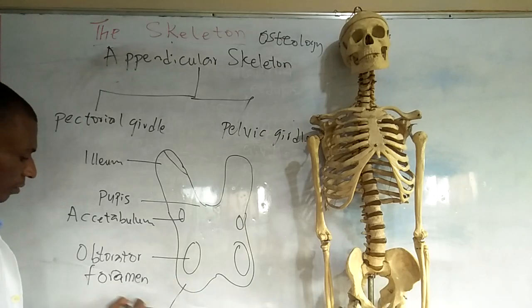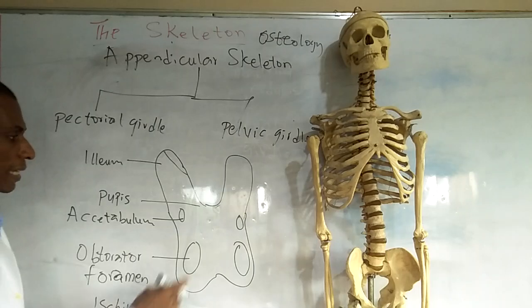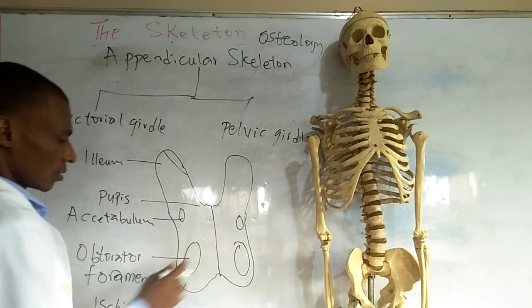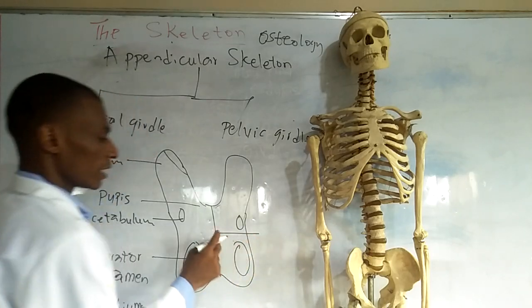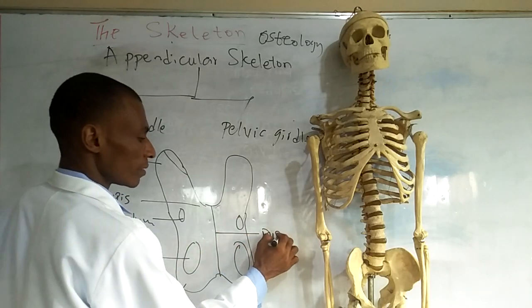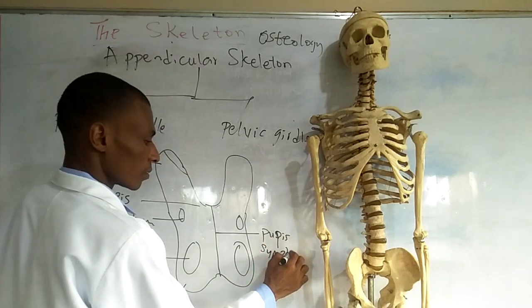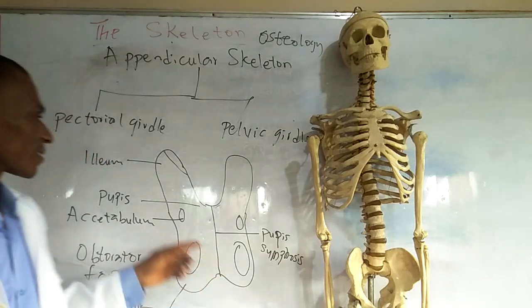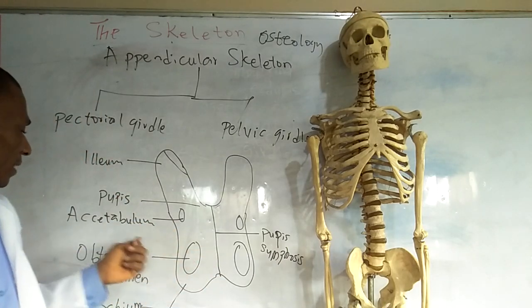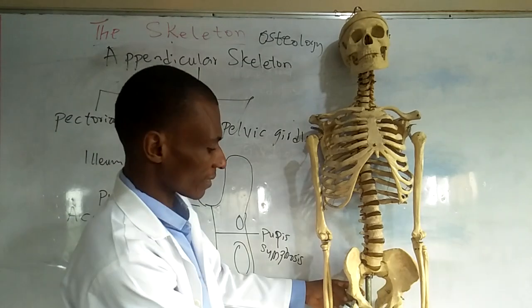This constitutes the innominate bone. Now, this location, we call it the pubis symphysis. You can see that the acetabulum here is a cavity, which you can see here.